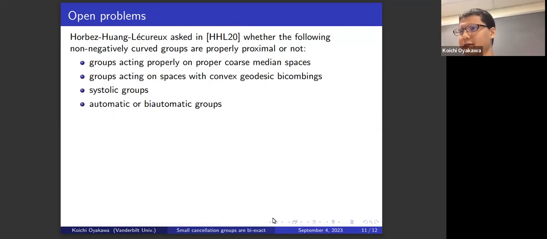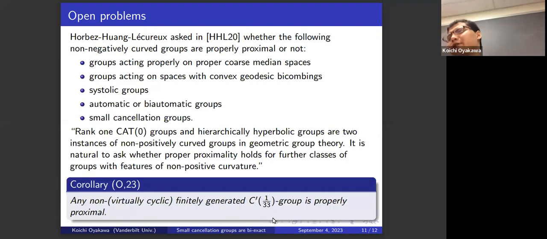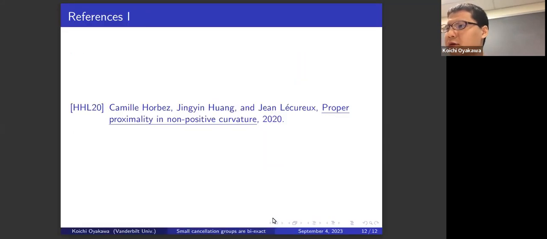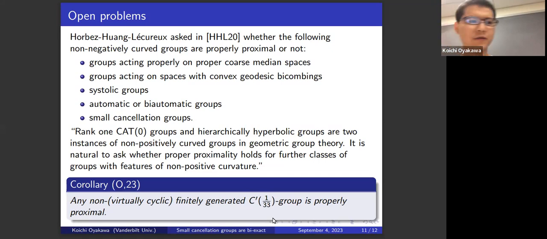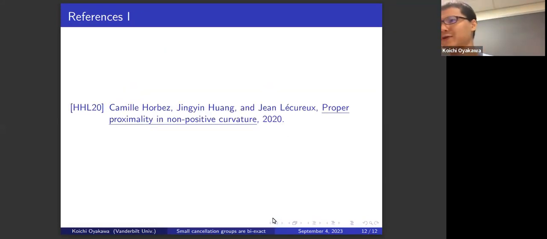So the case of a virtually cyclic group in this corollary is obviously not properly proximal. So this corollary sufficiently answers the final question on small cancellation groups, and all the other four are still open. That's the end of the talk. I forgot to insert a thank you slide, but thank you for listening.